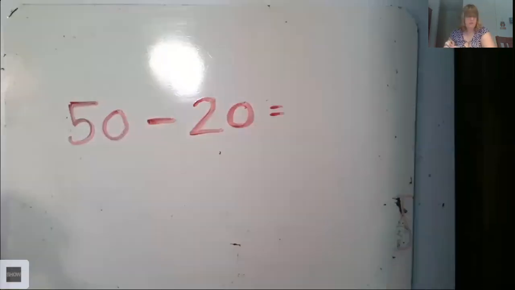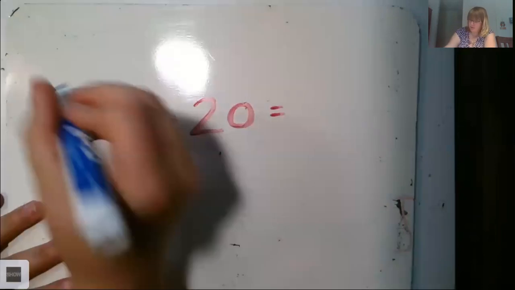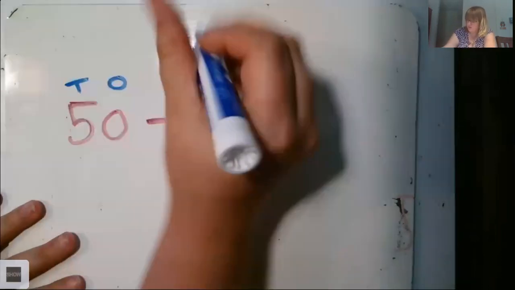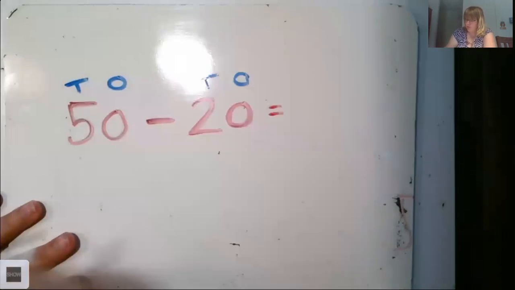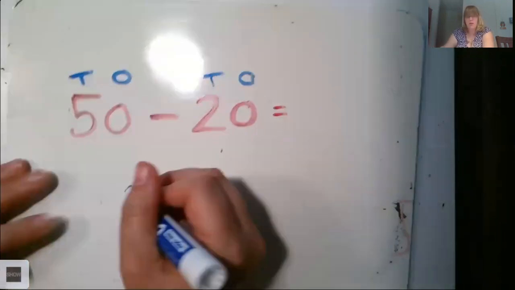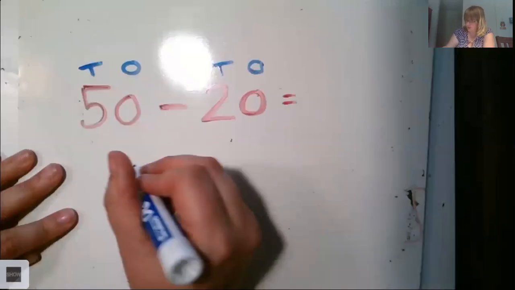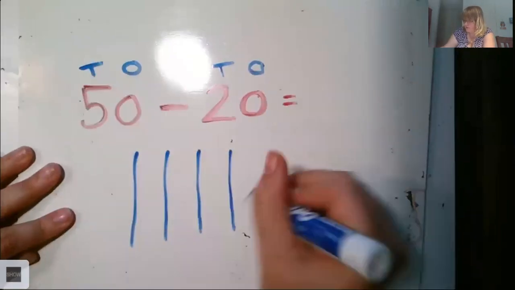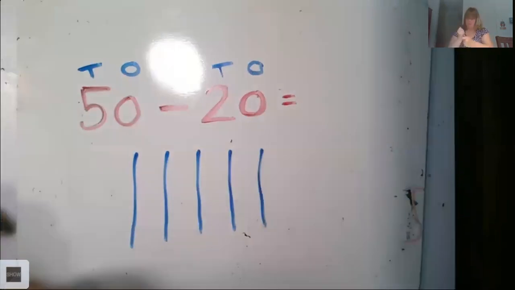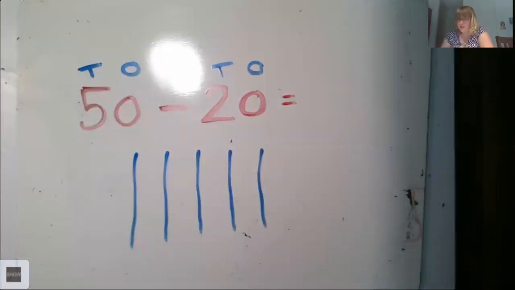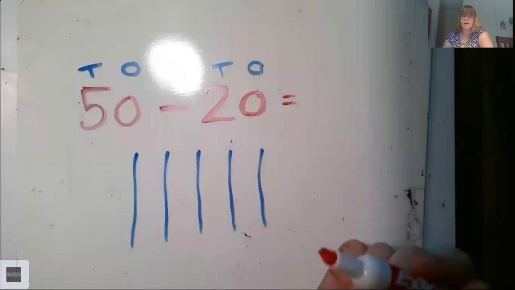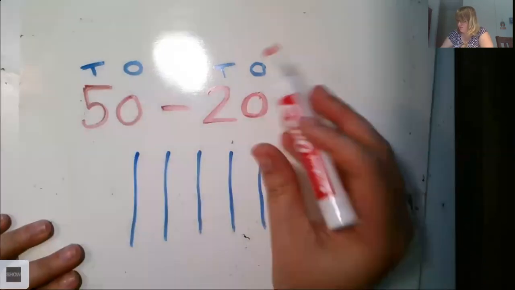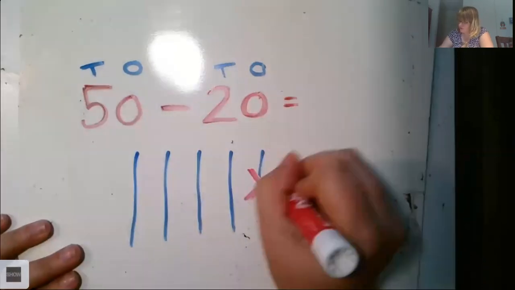So from there, we just use that modeling strategy I showed you before. We're going to look at our numbers and remember that we have tens and ones. And we know that if we have 5 tens, we can draw our 5 sticks. Now we're going to take away, or remove, the 20 that Wyatt gave to AJ. So I'm going to cross out 2 tens. 1, 2.